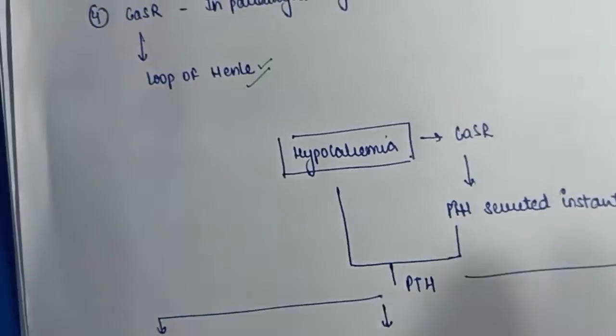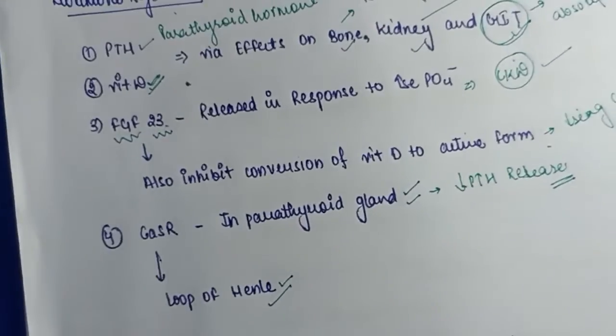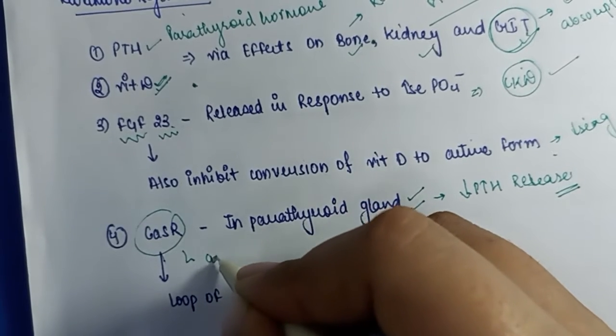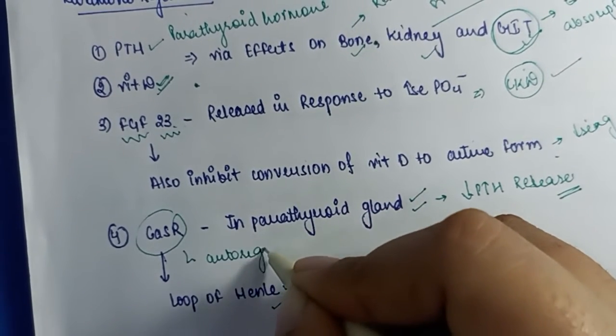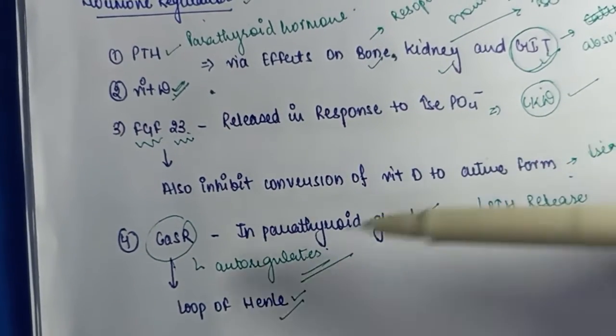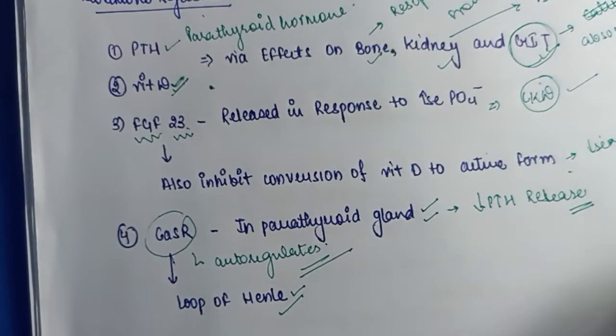So calcium sensing receptor is very important. It auto-regulates the serum calcium levels. Calcium sensing receptors are activated in the presence of hypocalcemia and result in immediate release of PTH.